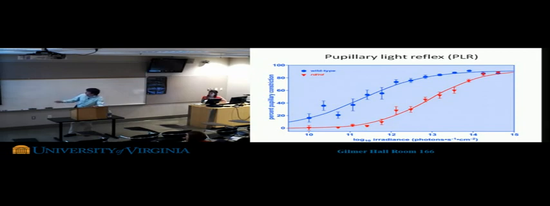I didn't want to use too bright of light because if not all of the cells were disabled, then a sufficient amount of light would have achieved full constriction regardless. So it was kind of a balance. I chose the intensity.